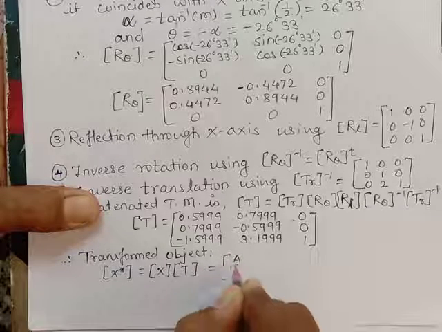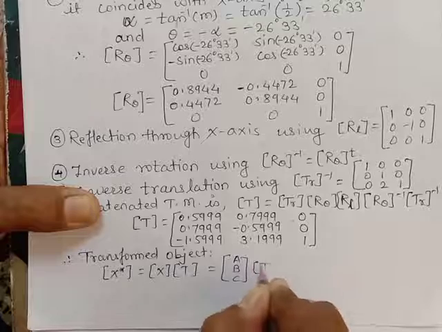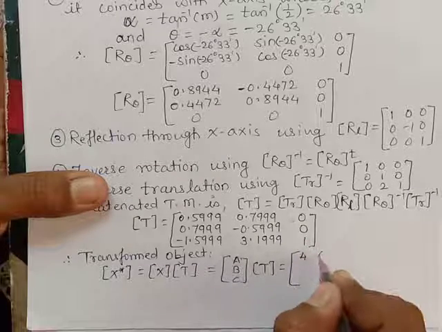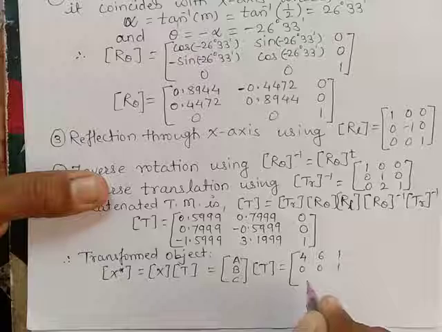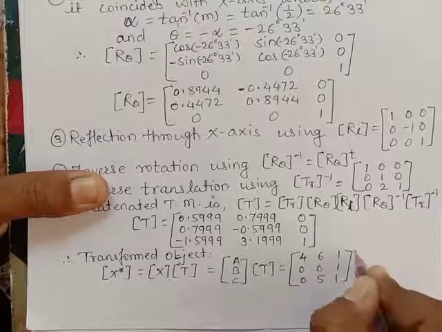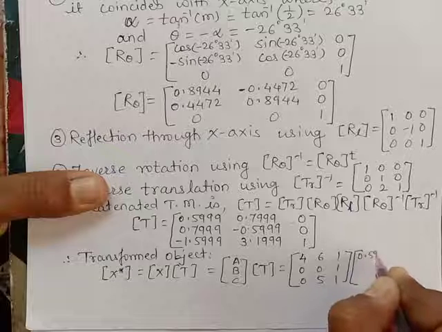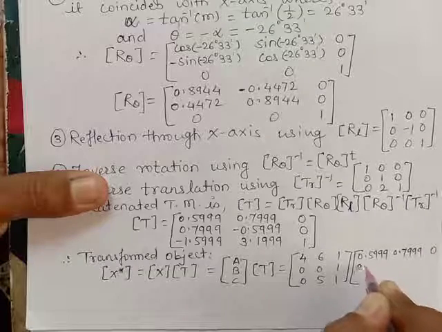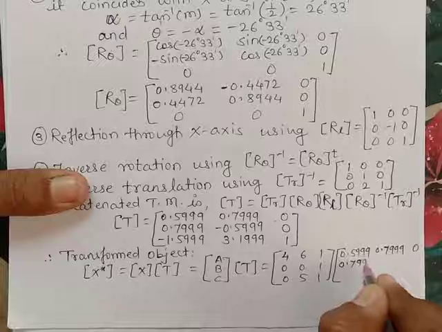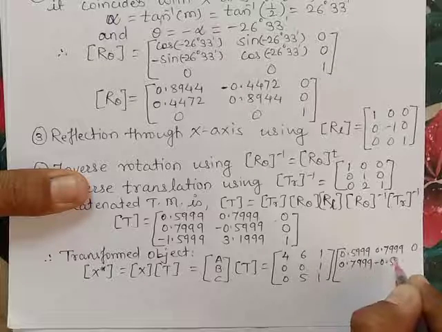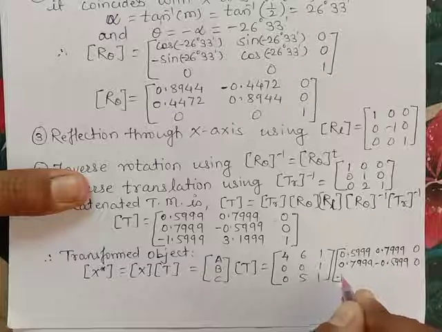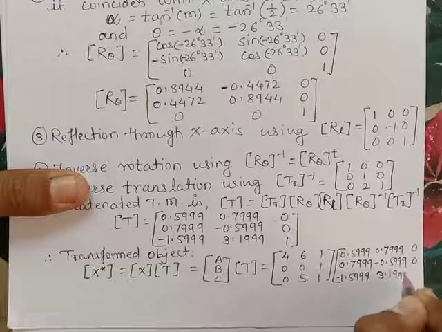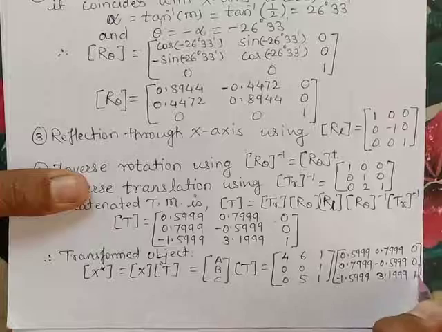That is the ABC triangle into T. And that ABC triangle is, in homogeneous coordinates we are using, 0 0 1; 0 5 1 into T, which is this: 0.5999, 0.7999, 0; 0.7999, minus 0.5999, 0; minus 1.5999, 3.1999, 1. These ones.